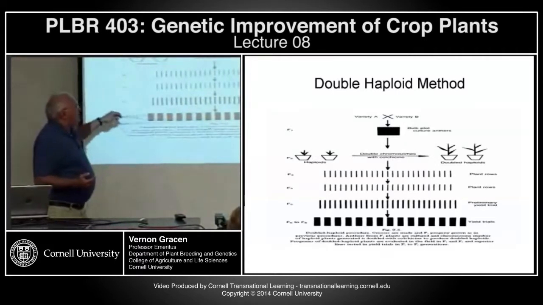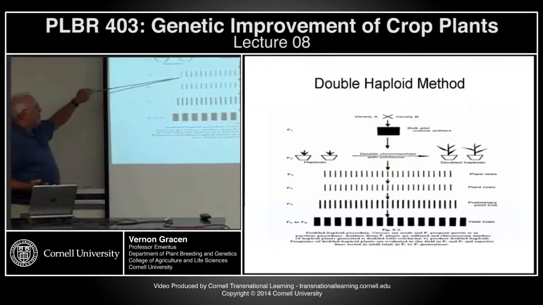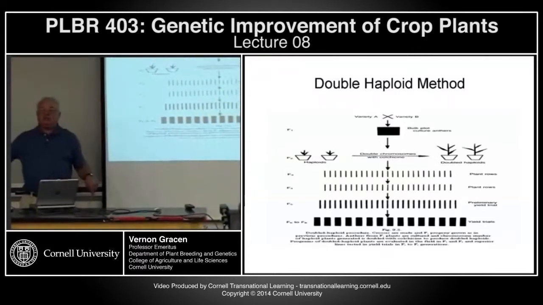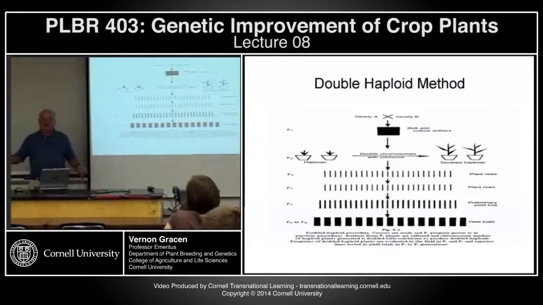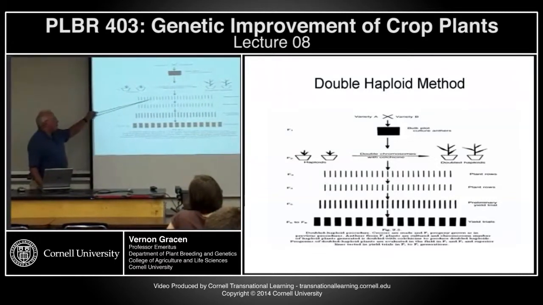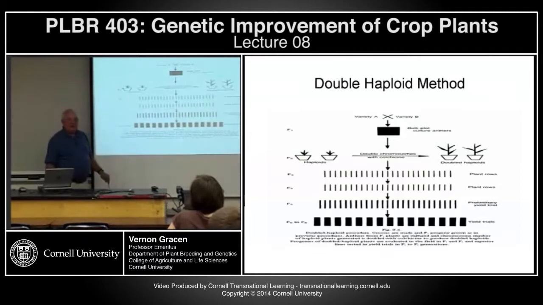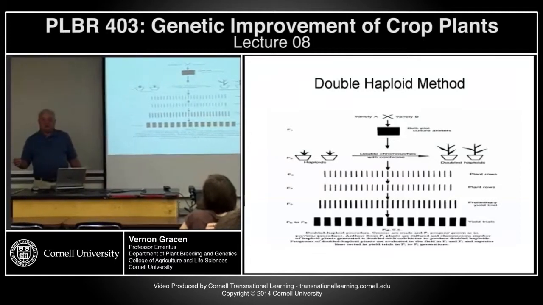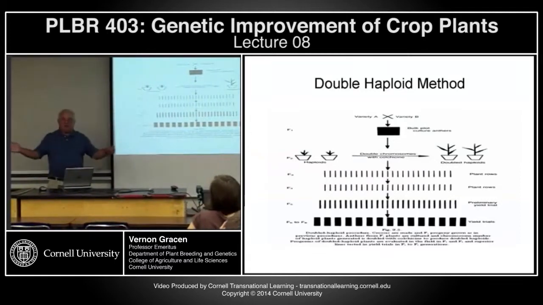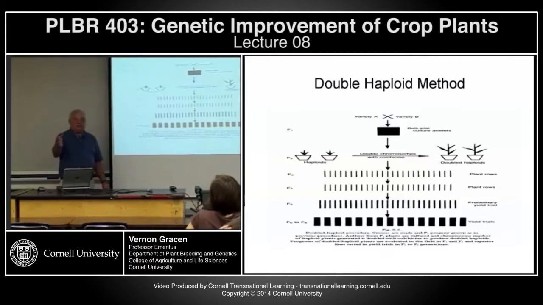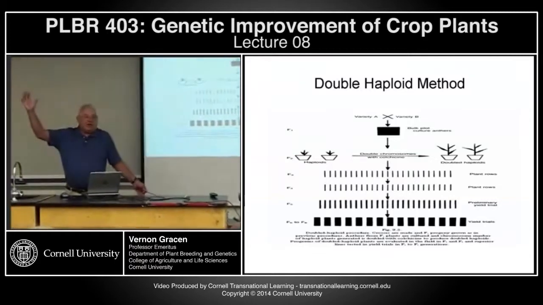And so you get double haploids, and so your F3 generation then are individual pure line plants. I mean, each plant is genetically pure because you didn't have to go through all of that recombination through each sexual generation. You take a haploid configuration and double it, and you get a plant that's homozygous for every locus.